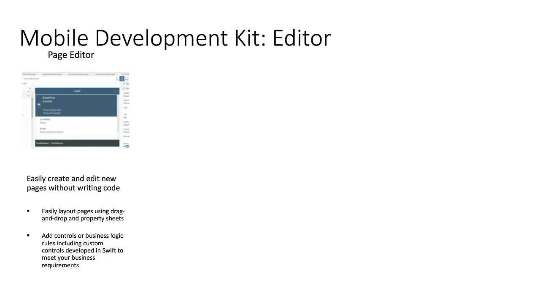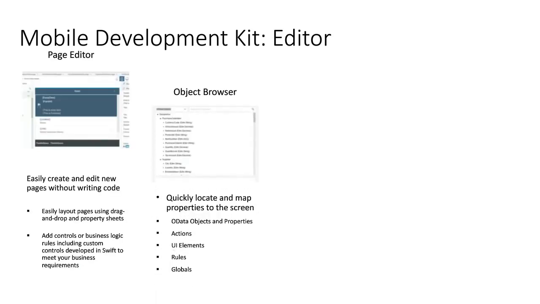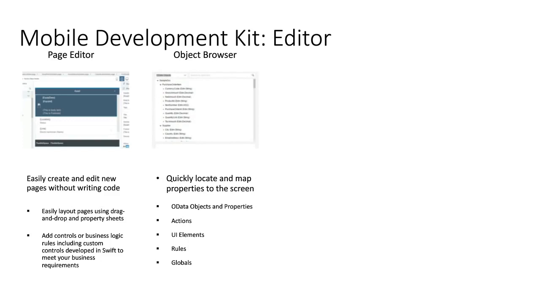And then you have the object browser. The object browser helps you quickly search and locate your data objects and properties, your actions, your UI elements, rules, any kind of localization objects, and then map them to those screen elements.